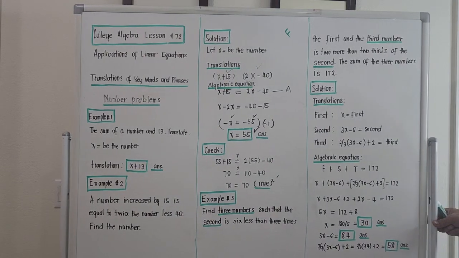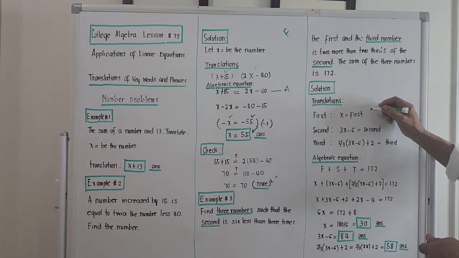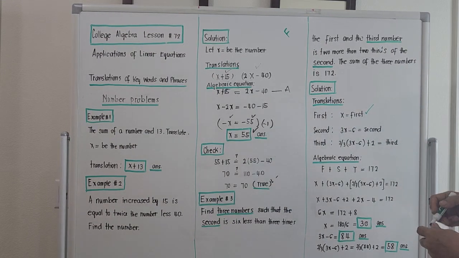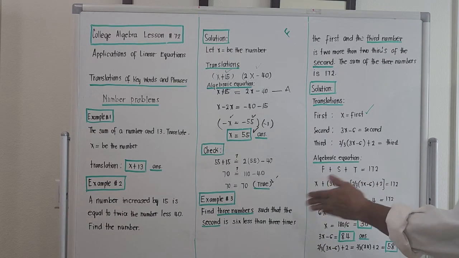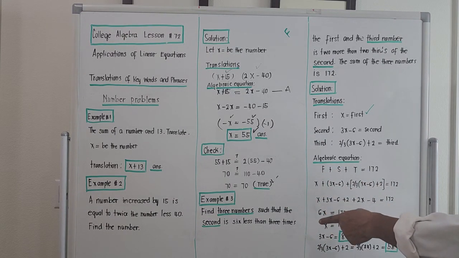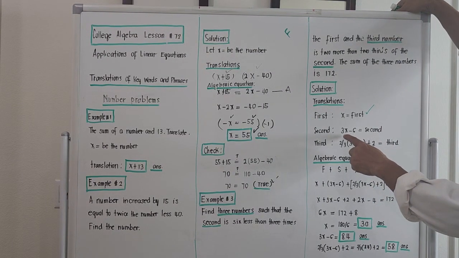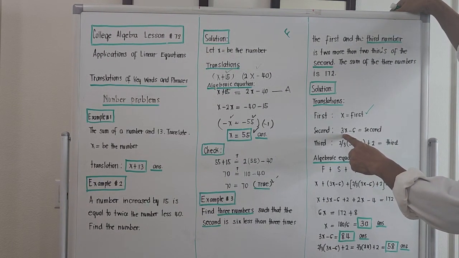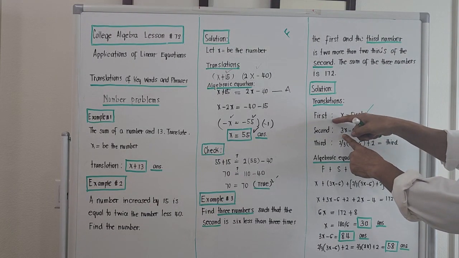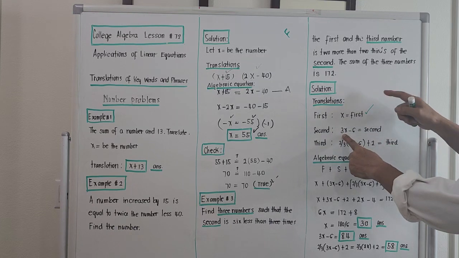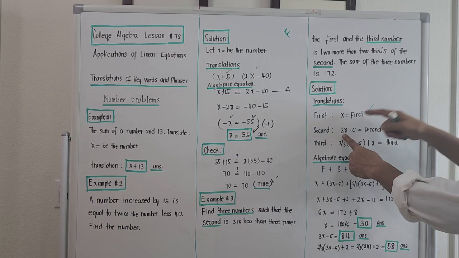On the translations, first we let x equal the first number, right? From the condition of the problem, the second is 6 less than 3 times the first. So the second number, with reference to the first, has the value 3 times the first less 6.